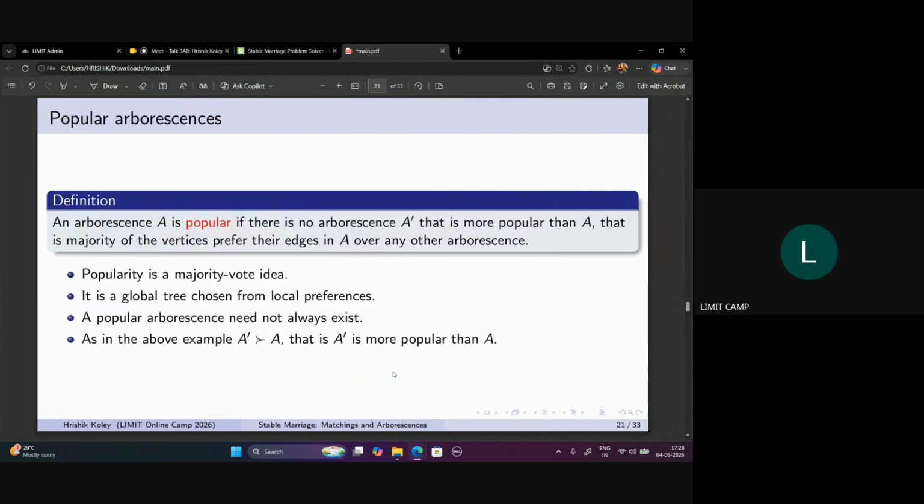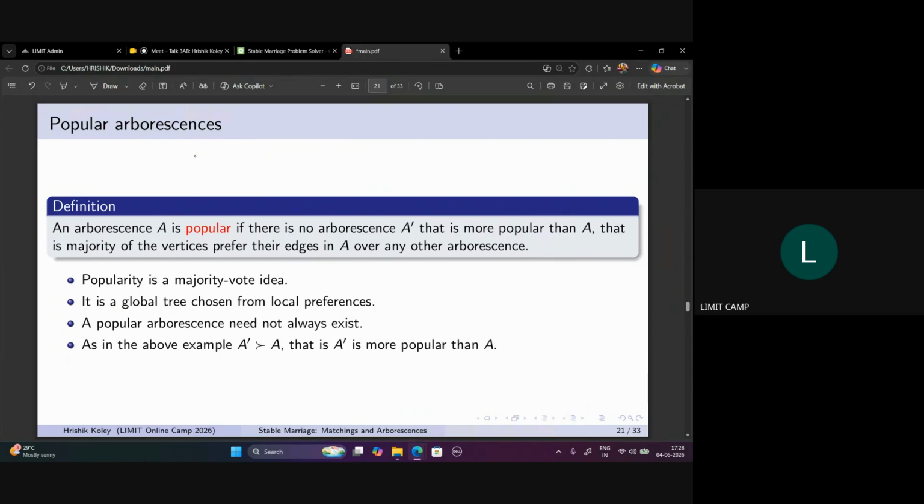So in case of popularity, an equal number of people can vote for A and A dash, and they can get an equal number of votes. In that case, that's a tie. But then you define popular arborescences: you choose one of them, so maybe I'll go on with this A dash.